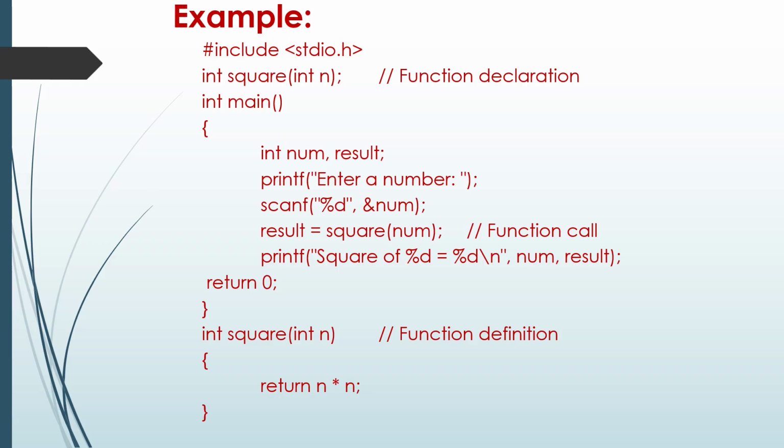Here we have written n into n. n means we are taking some value. Suppose we take 5 here, we pass that 5 to this square function in the place of n. So here we return 5 into 5, which means 25. So what is the result? When we print this result, we get the output as 25.